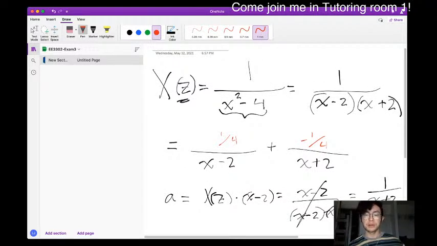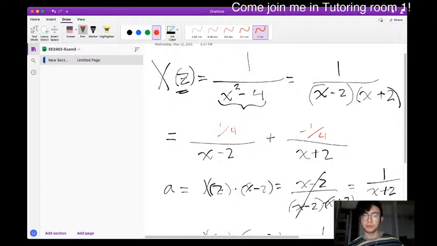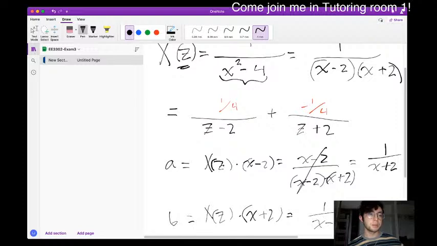We can go from this back to the time domain signal. So I'm just going to go ahead and rewrite these x's as z.